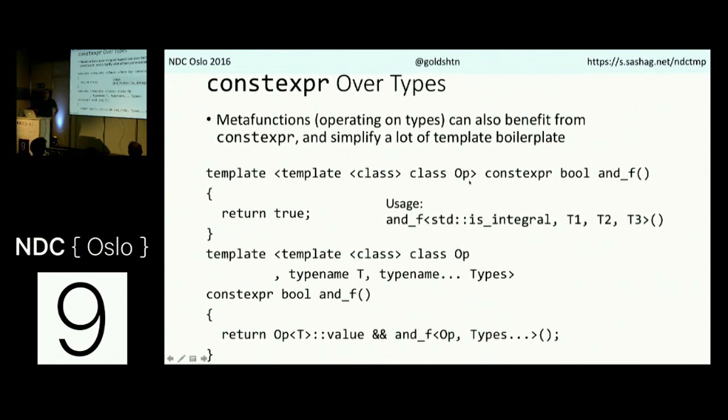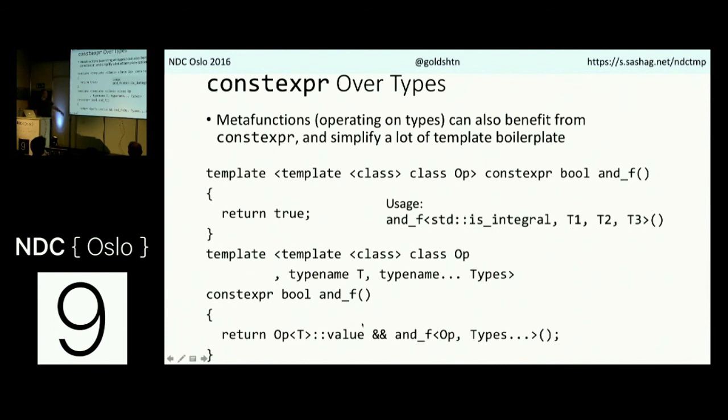The base case doesn't take any types. It only takes the operator, the Boolean function, such as is integral. And it returns true, because if you apply that function to no types, then we could say it is true for all the no types we have.